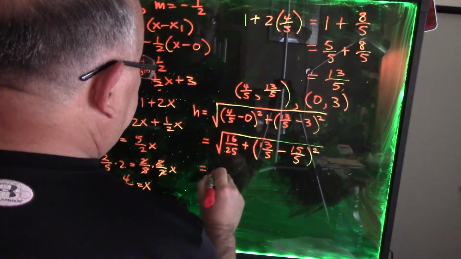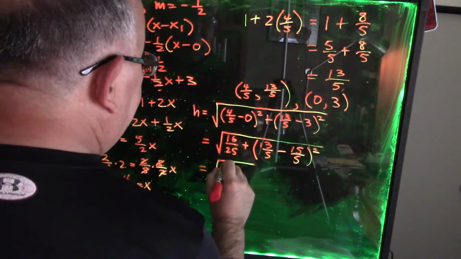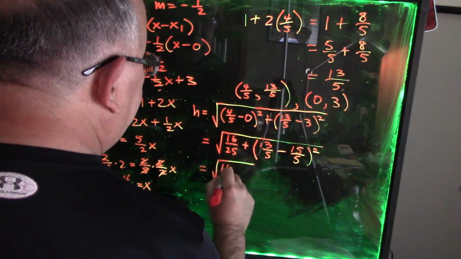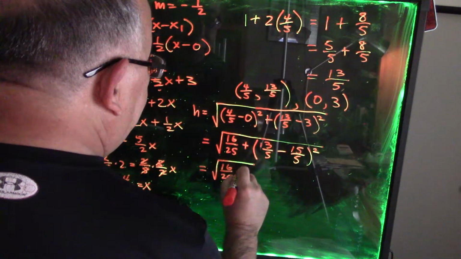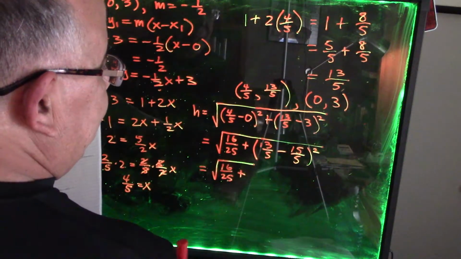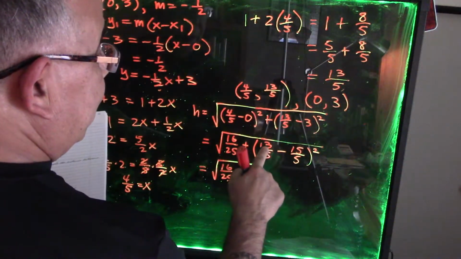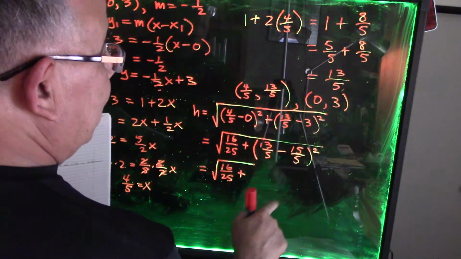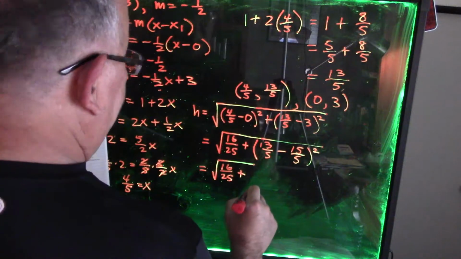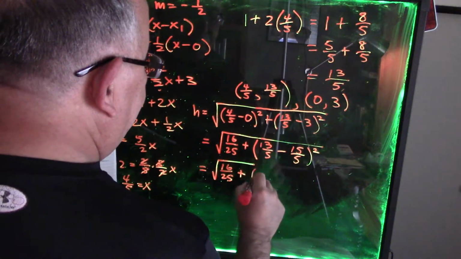So this equals the square root of 16/25 plus, that's going to be negative inside the parentheses, -2/5. 13 minus 15 is -2, and then you're going to square that. Alright, square -2/5.